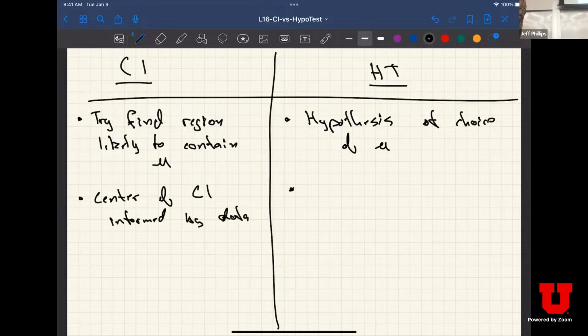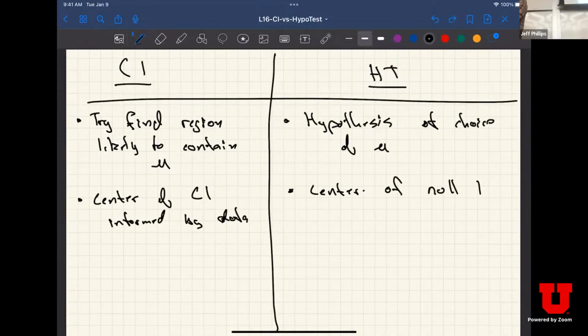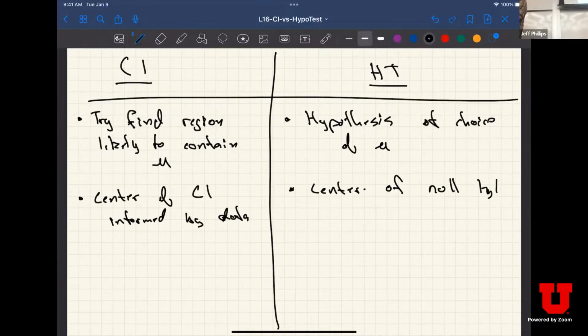Okay, here the center of the null hypothesis is from a guess.